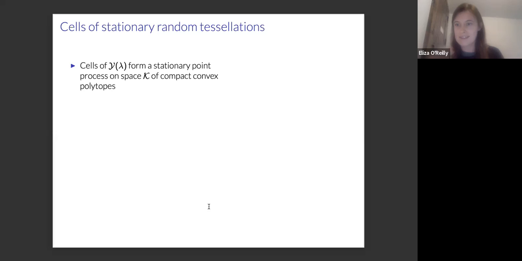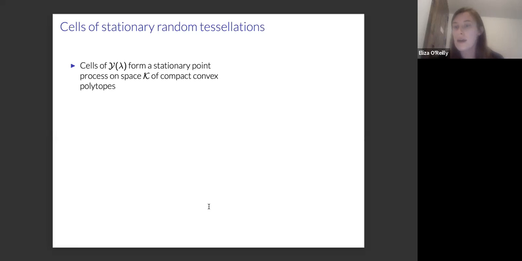Like to define that stable under iteration property, we're really talking about the union of the hyperplane splits that we're making. But you can also look at the union of the cells of this process that are generated by all of these splits. And these form a stationary point process on the space of compact convex polytopes.